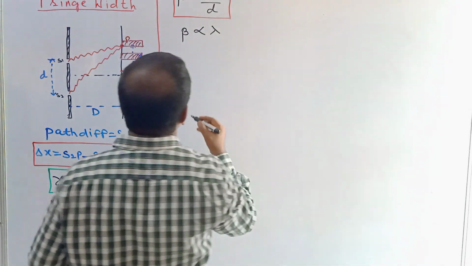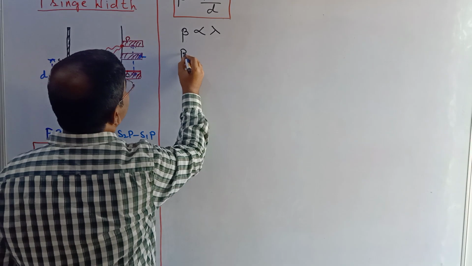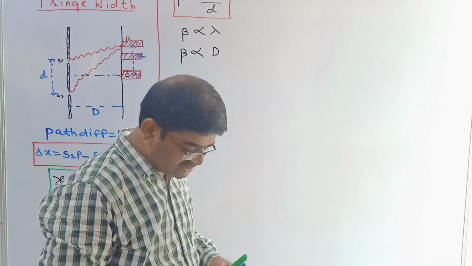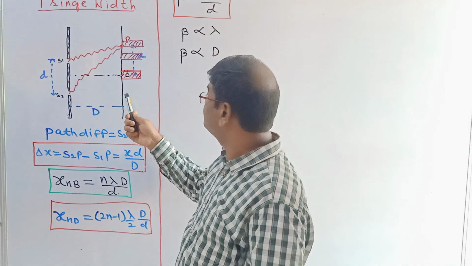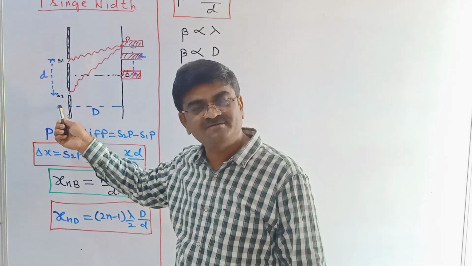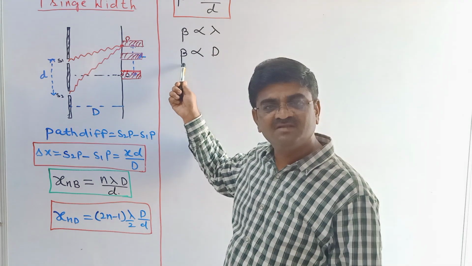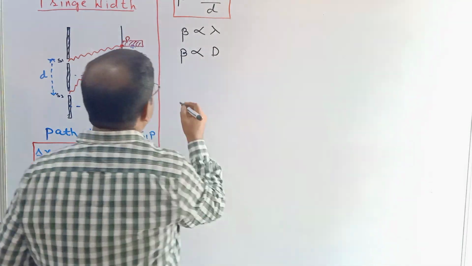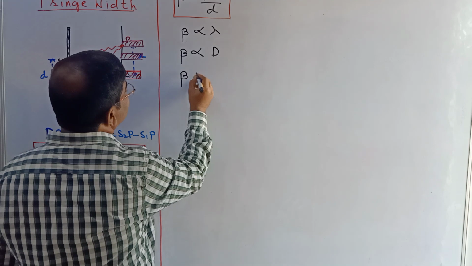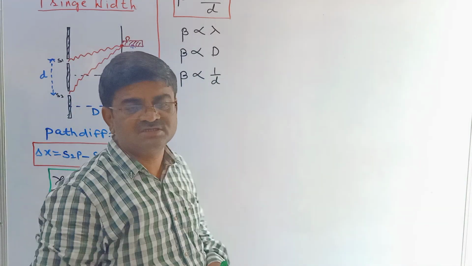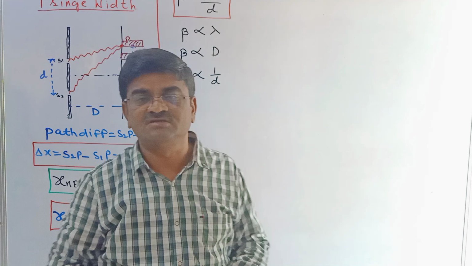Similarly, I can see that fringe width depends directly on the separation between the plane of the screen and the plane of the slits. More is that separation, more is fringe width. Whereas I can see that fringe width depends inversely on the separation of the slits.